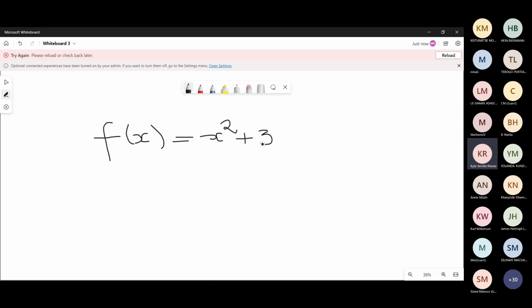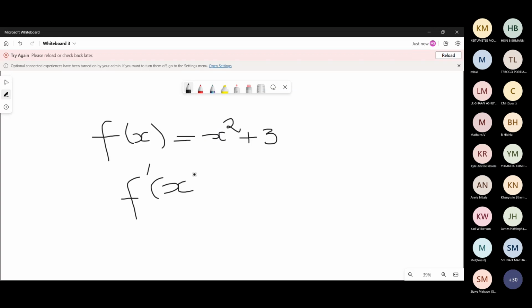Great. We want to define what we call the derivative of the function f at any point x. f prime of x. This is also denoted by df over dx, just for the notation.